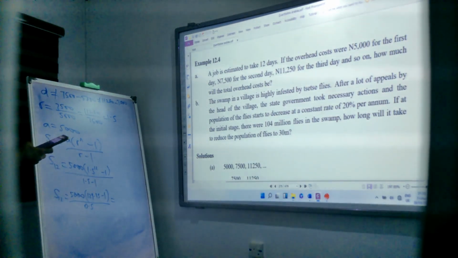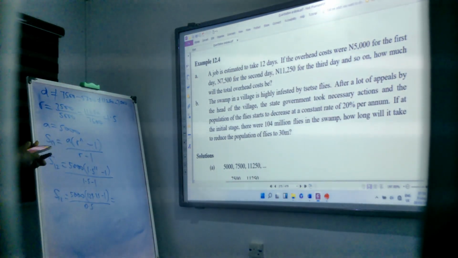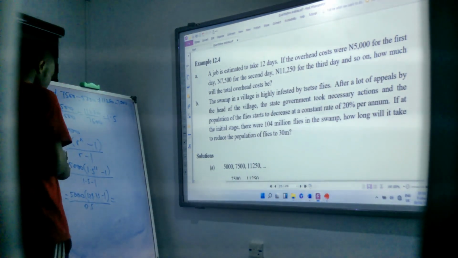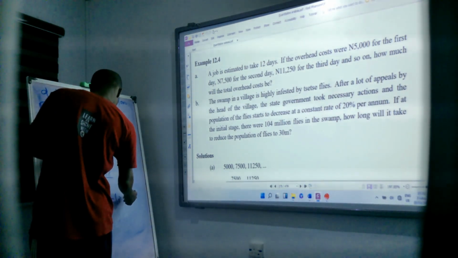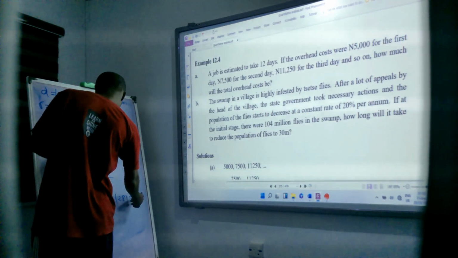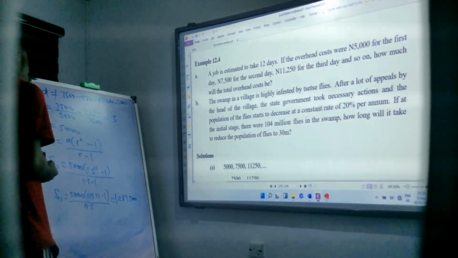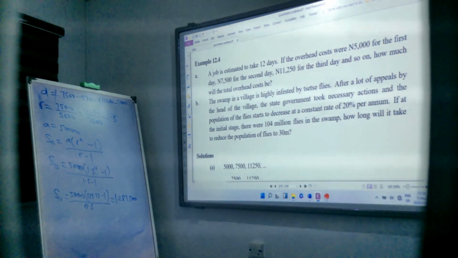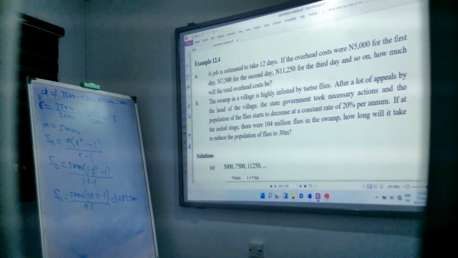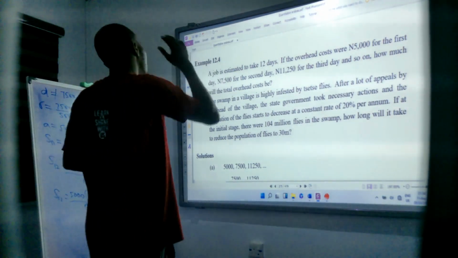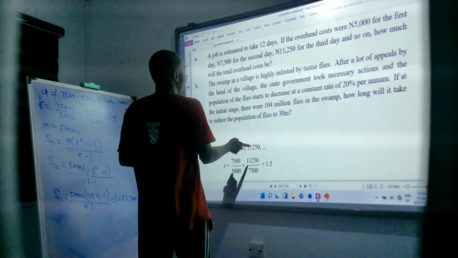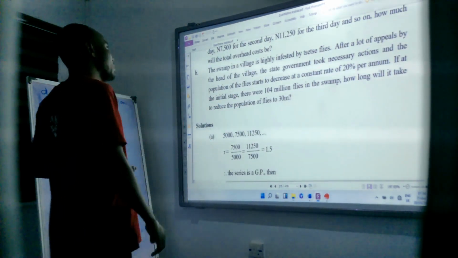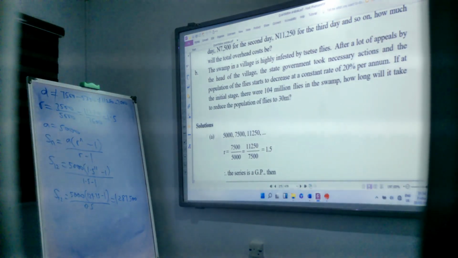So I have 643,750 divided by 0.5, and I have 1,287,500. That will be the total variable cost, all the value you pay from the table. So that is the total variable cost you pay.